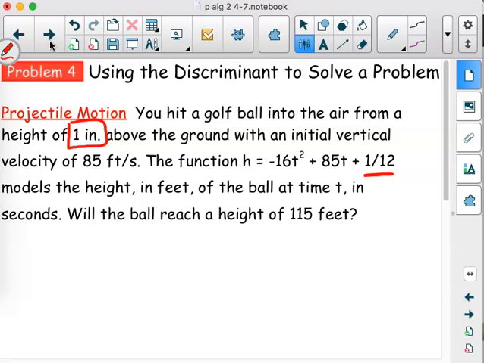So, is 115 a height or is it a time? Because those are our only choices in this equation. What should 115 go in for?